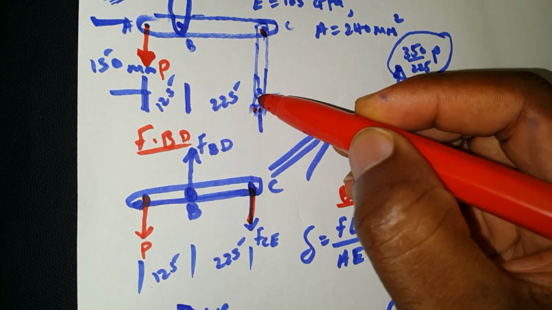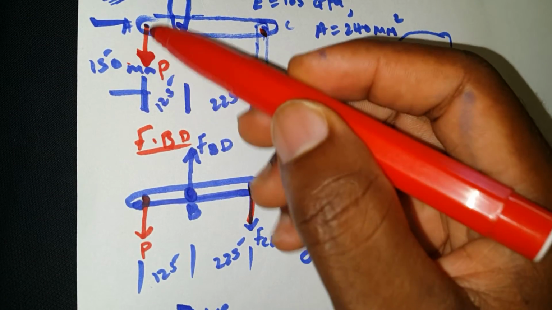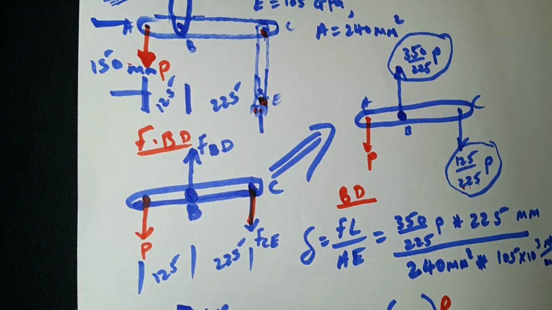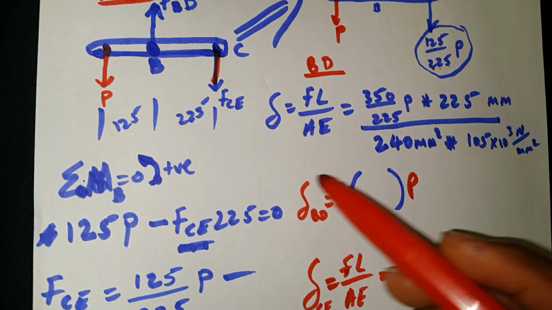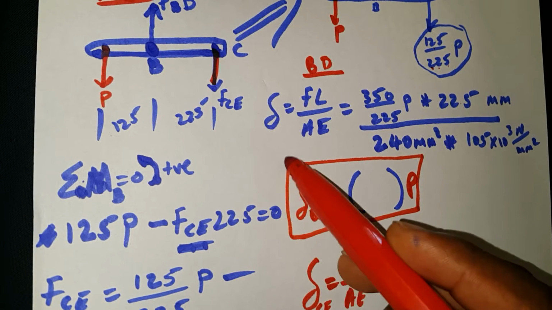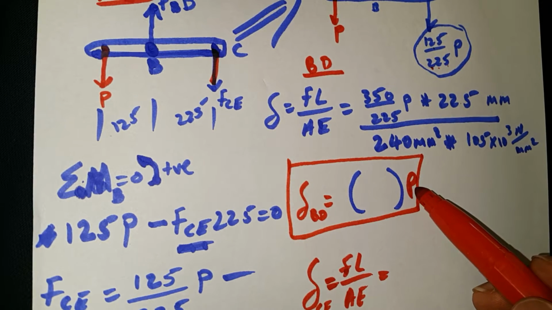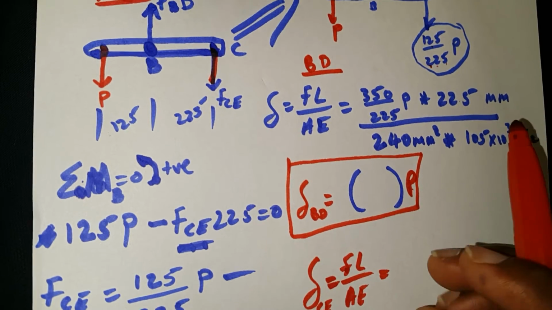From here to here, we have 150 distance. So that is it, and this will be the answer you will keep, just because we don't know P. So leave P like this as the answer.